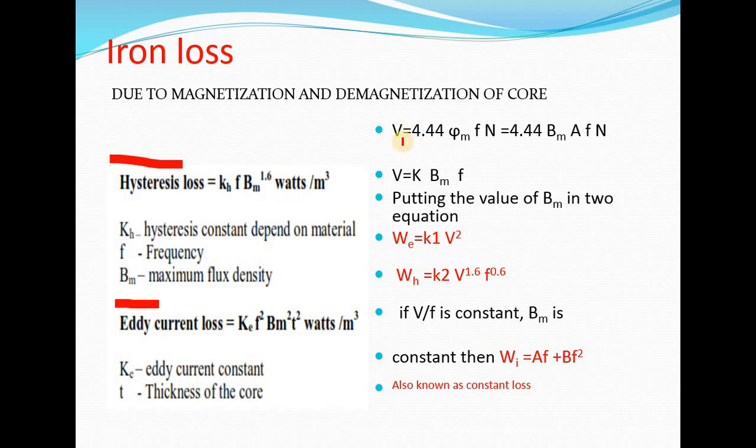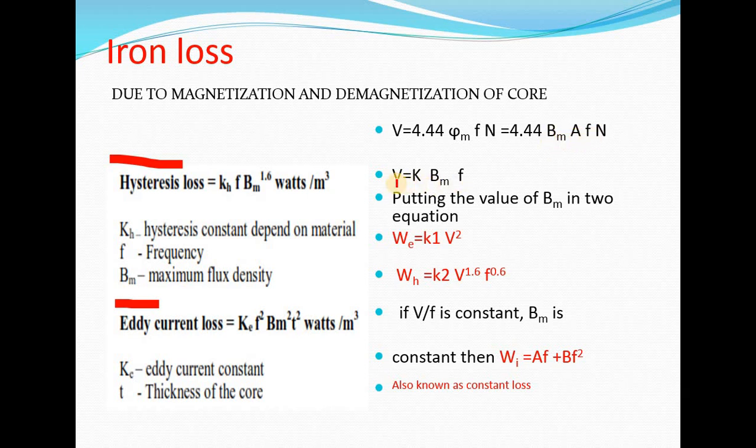Now, as we know, the induced EMF across the terminal of the winding is equal to 4.44, and V depends upon the maximum flux and frequency. If we replace phi m with Bm times the area of cross section of the core, then this becomes like this.